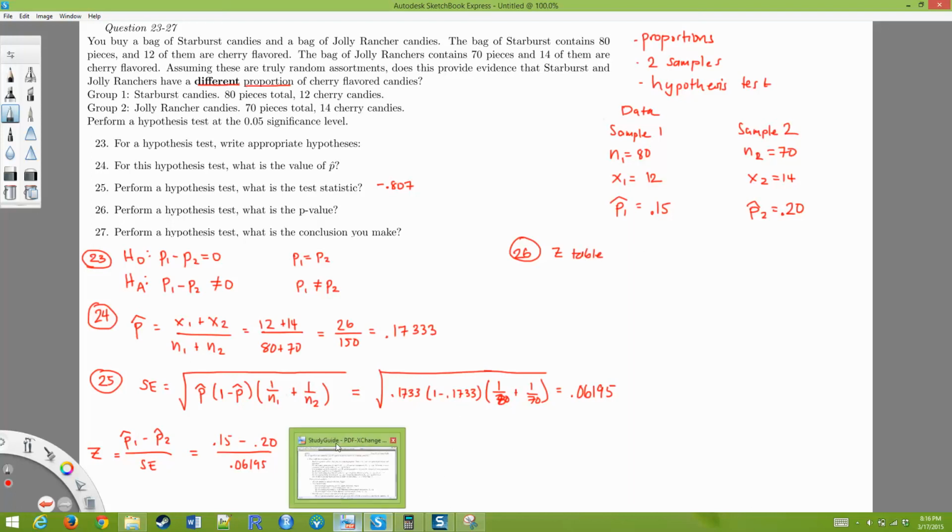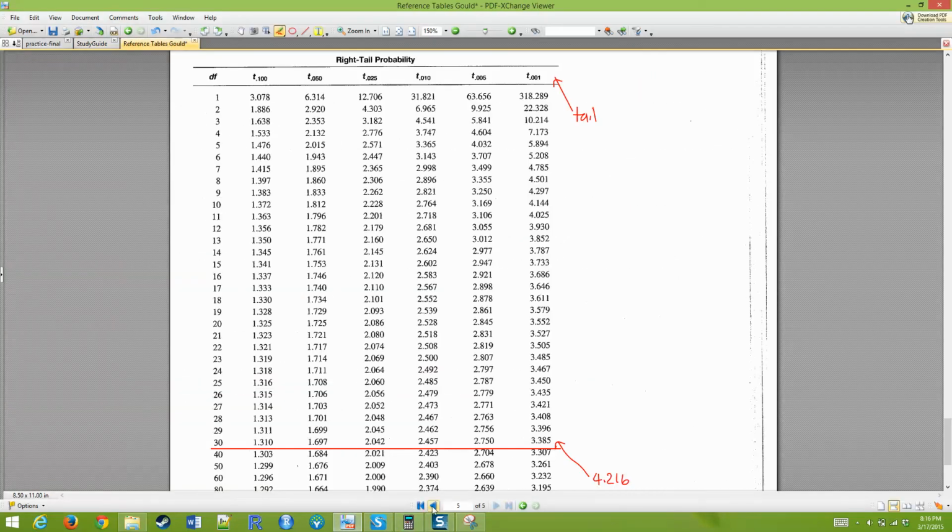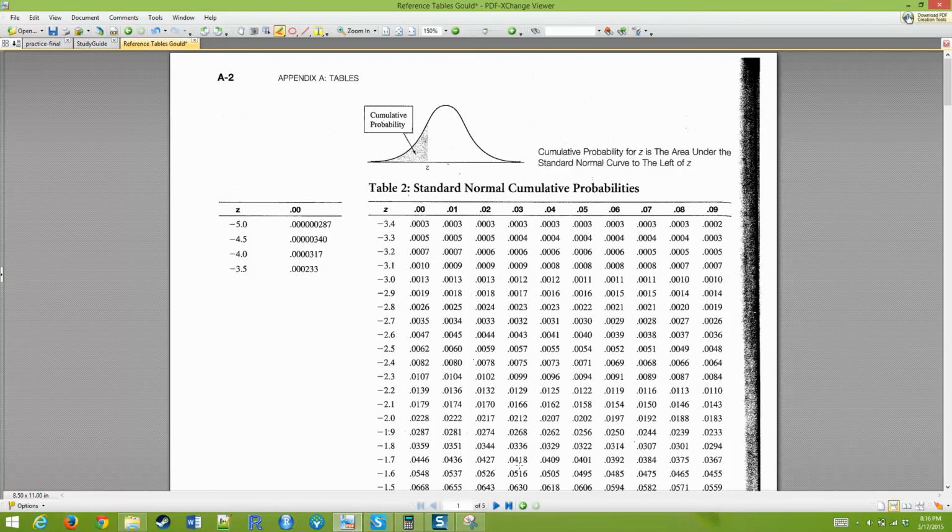Now, my test statistic is negative 0.807, so I'm going to have to look up Z equal to negative 0.81. Okay? Alright, so we go to the table.